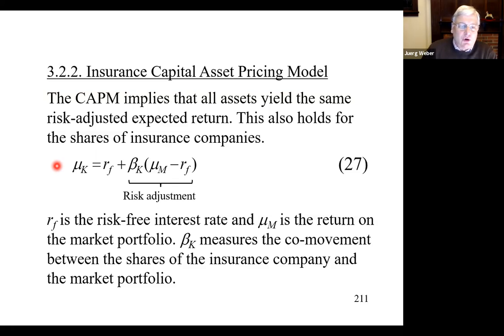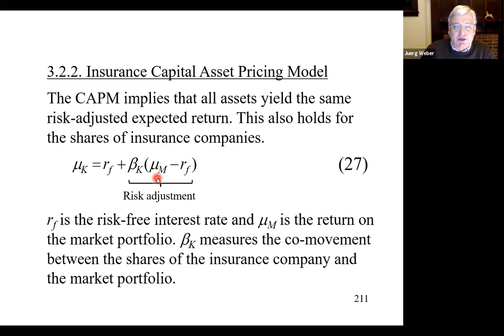The equation shows that the return on equity can be divided in two components: the risk-free interest rate and the risk adjustment. The risk-free interest rate may be the American Treasury bill rate. American Treasury bills are usually considered to be virtually risk-free.